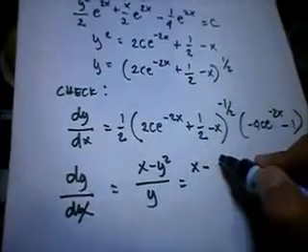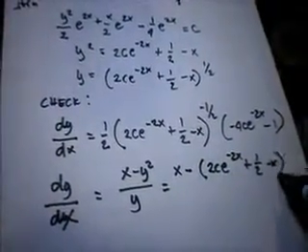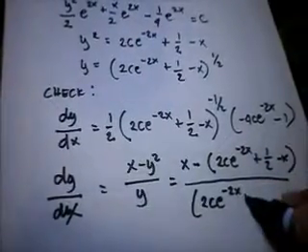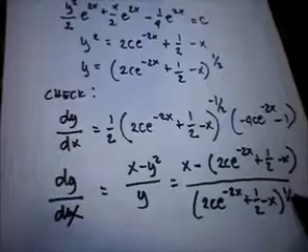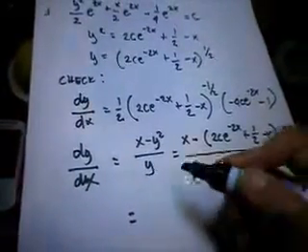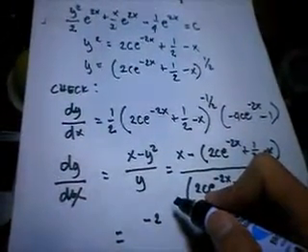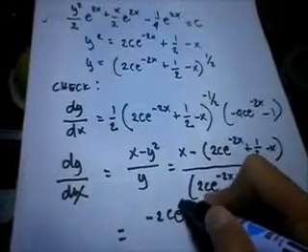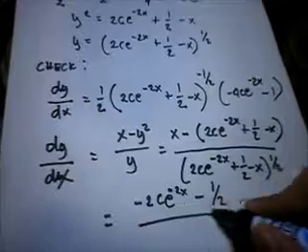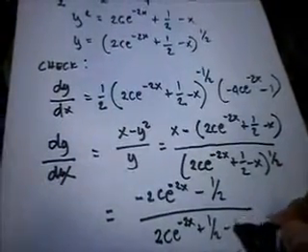We get x minus 2c e to the negative 2x plus 1/2 minus x over 2c e to the negative 2x plus 1/2 minus x to the 1/2.